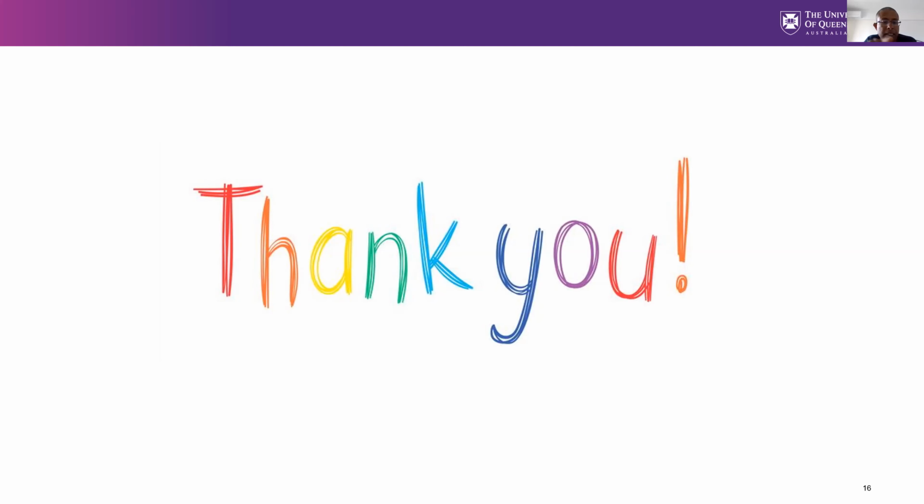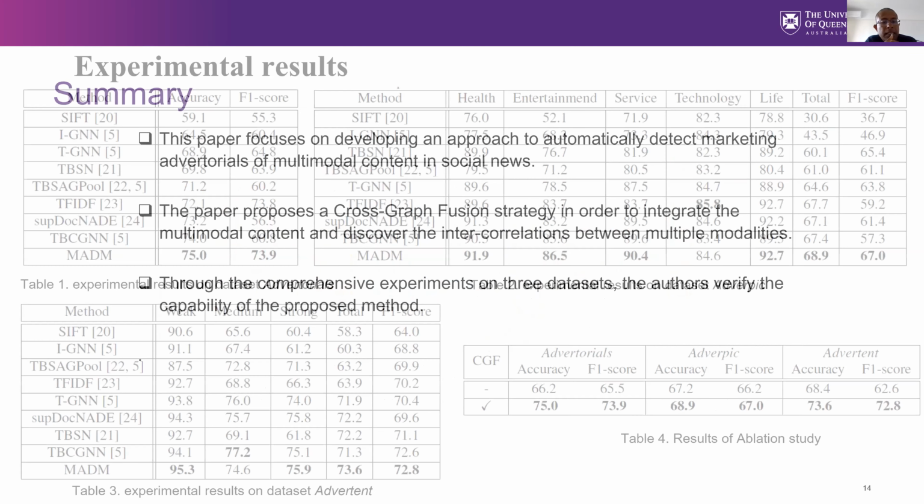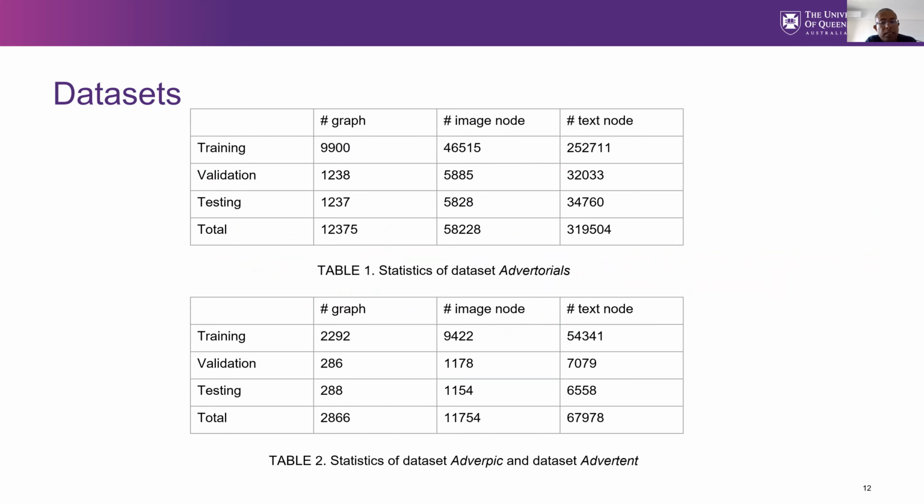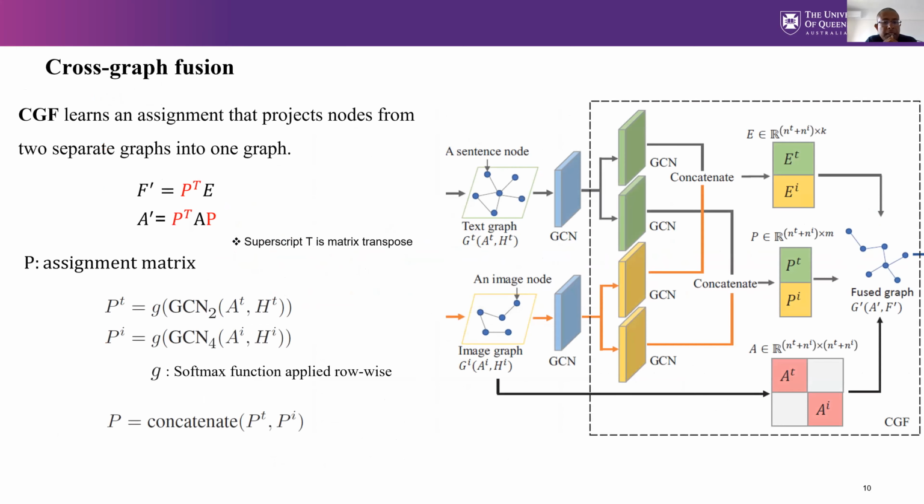If you can go back to that architecture diagram where you combine the text with the images. Like this one? Yeah. So you have 2 GCNs, right? One for using the text, the other one for the graphs. Yes. I have 2 questions.